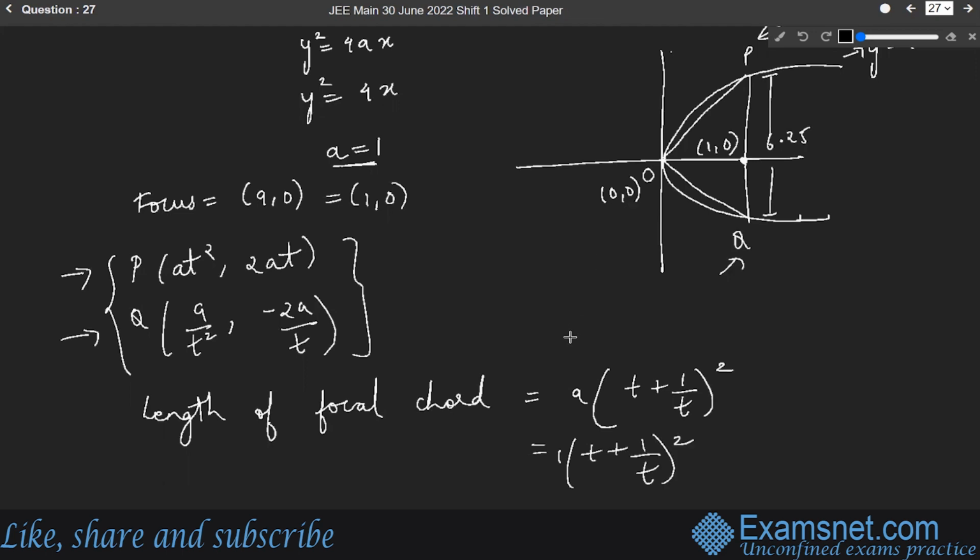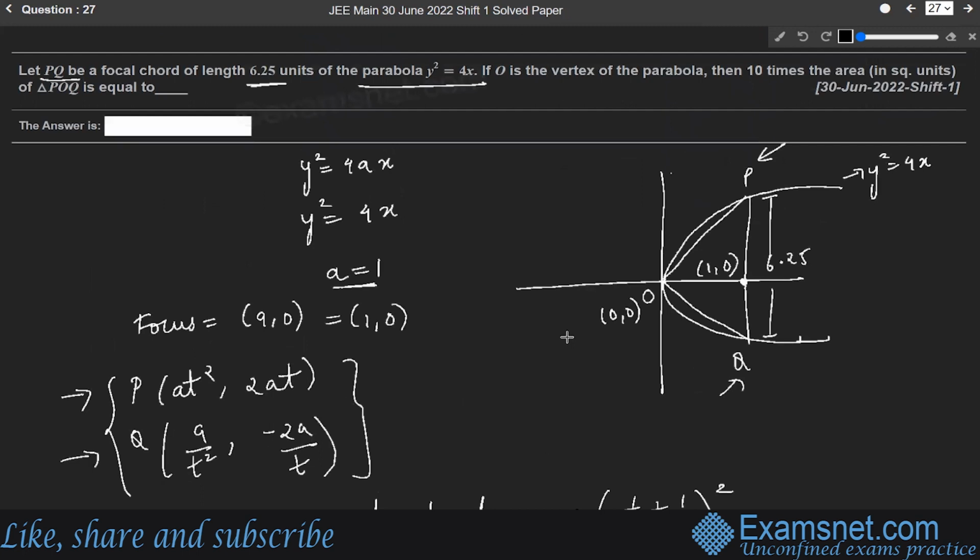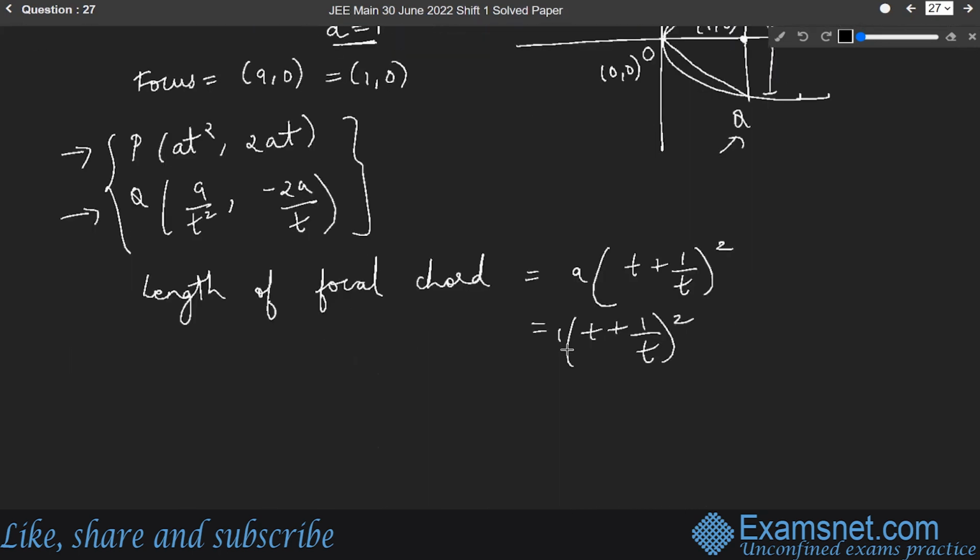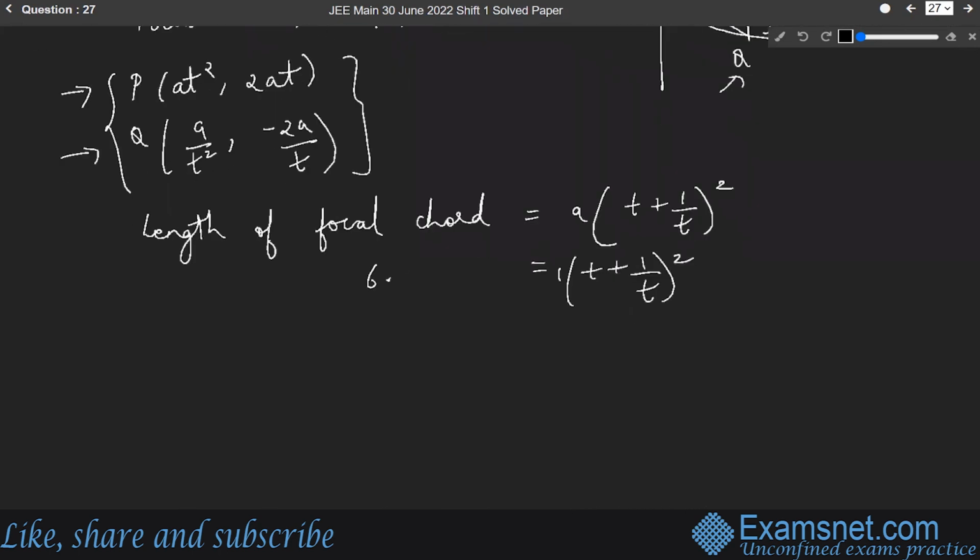And the length of the focal chord is already given in the question, right? It is given that PQ is a focal chord of length 6.25, meaning the length of the focal chord is 6.25. So 6.25 is equal to 1 into (t plus 1 upon t) whole square. So 6.25 is equal to (t plus 1 upon t) whole square.